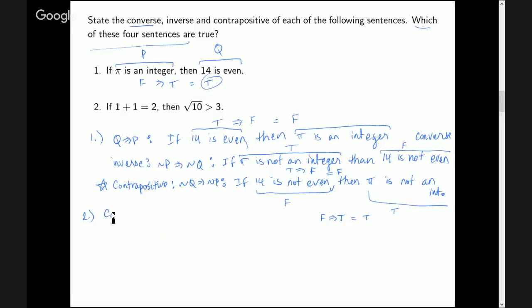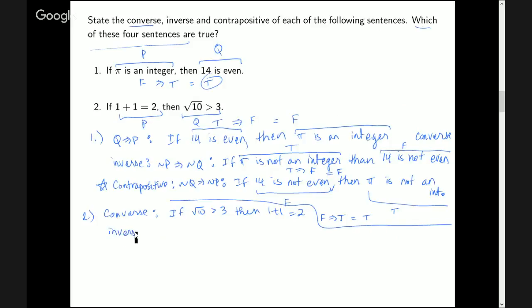So tell me about the converse for number 2. P is 1 plus 1 is equal to 2, and Q is square root of 10 is greater than 3. So the converse is Q implies P. I ran into my other sentence, so we'll draw a line.